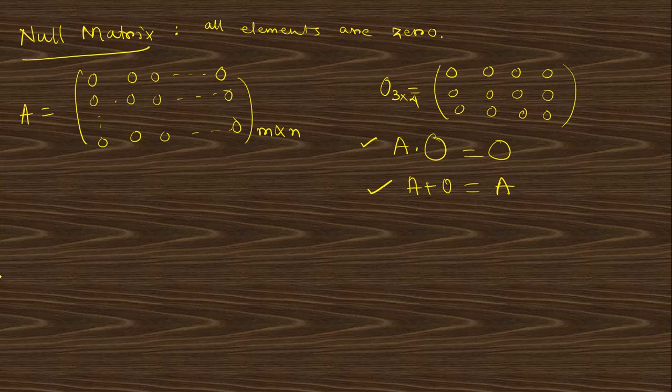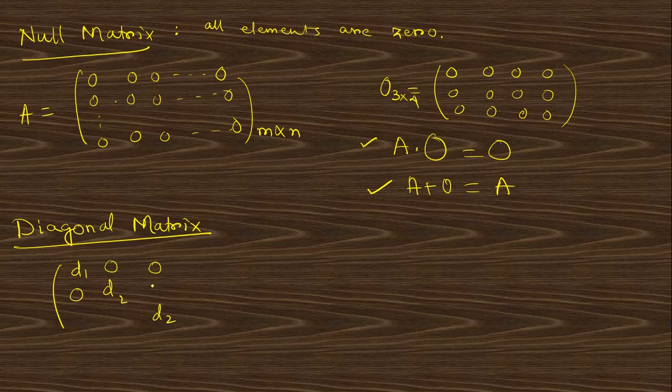What is the diagonal matrix? The matrix whose elements are only present along the diagonal. That means, suppose this is a matrix and the elements are present along the diagonal and the other elements will be 0.